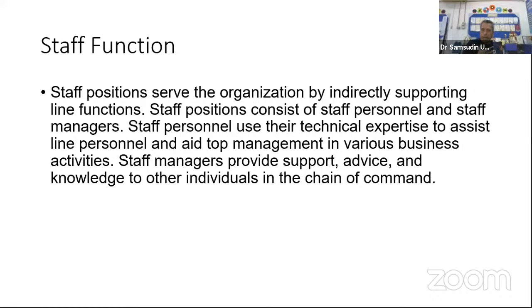Let's say yesterday I was the conference manager, the colloquium manager for postgraduate students, so I am the line function, line manager. But what happened if I did not receive very good feedback and support from the staff function? Of course, this can affect my performance.